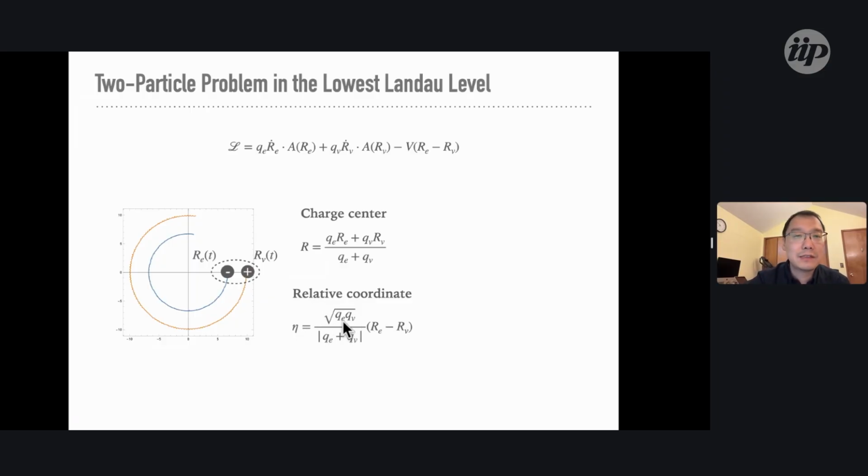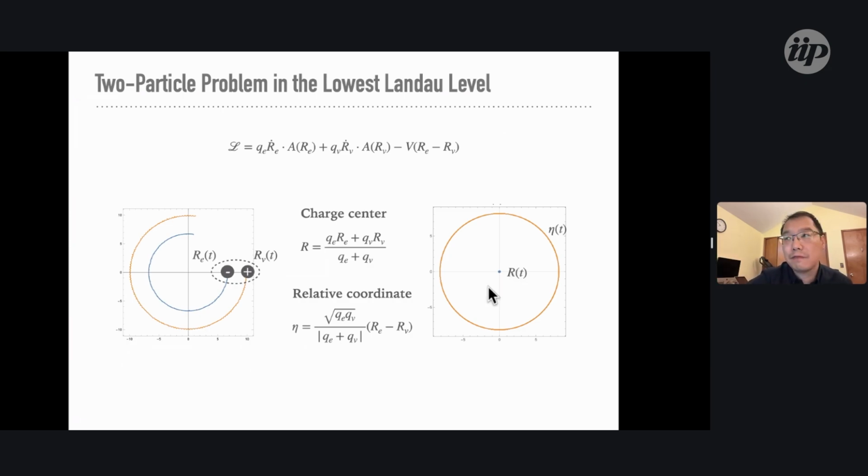Now, if you plot this two-particle motion in the R and eta space, you will see that the charge center acts sort of like a guiding center. It's a constant motion; it doesn't change, and this relative coordinate eta acts like a cyclotron coordinate. So the two-particle problem really gave you a Landau level-like spectrum, right?